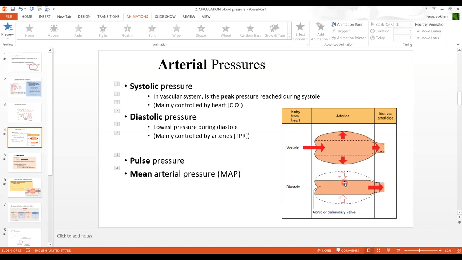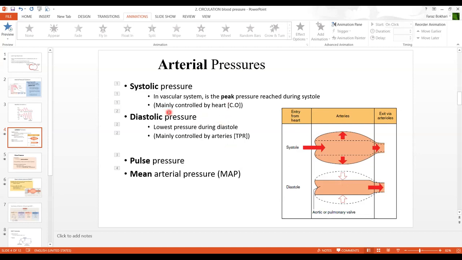If it were not for the diastolic contraction of the arteries, which would propel the blood forwards during no propelling motion from the heart, the thing would just stop flowing during diastole. Okay, so this is the importance of systolic and diastolic pressure.